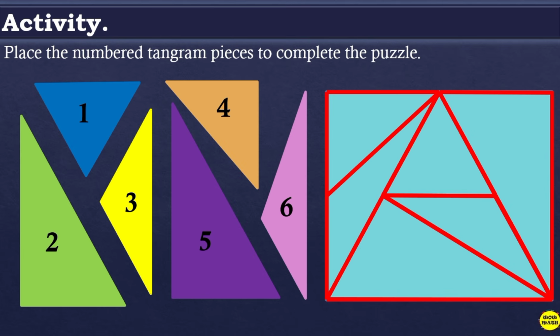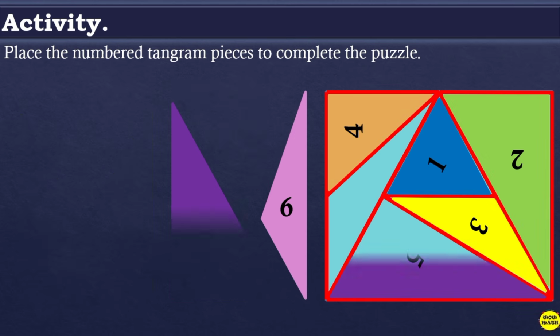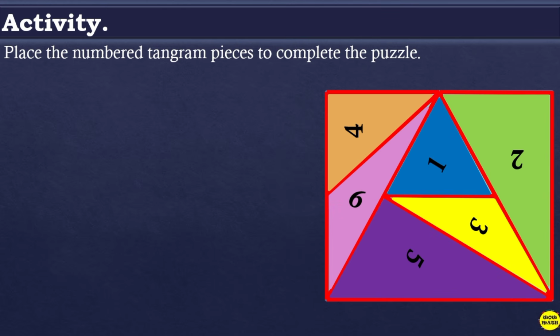Magsulat lang kayo ng number. Try nating sagutan kahit na nasa bahay tayo at nakikinig. Okay, so let's start. Ito po si number 1, number 2, number 3, 4, 5, and 6.